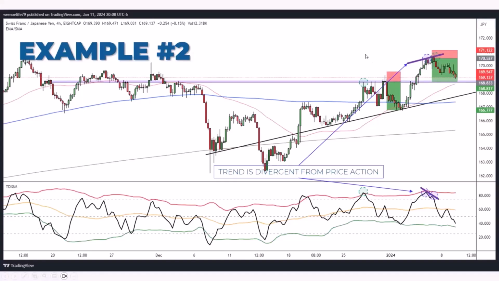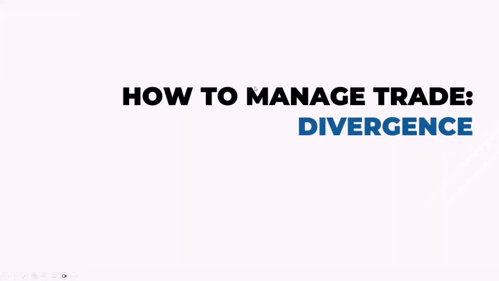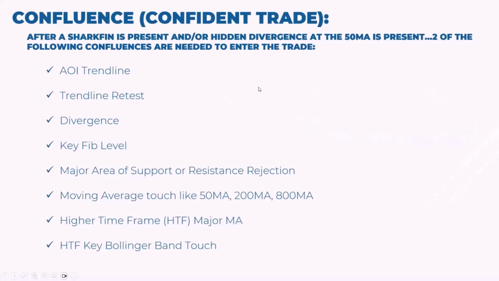All right. And so we like this because when you're managing divergence, it sets up your rules. We don't want to take the trade unless we have a shark fin, that's one, and or hidden divergence, that's two, at the 50 MA, and sometimes at the 200 MA.